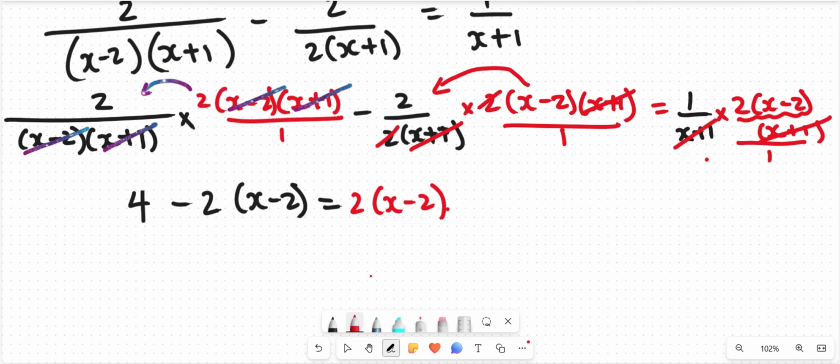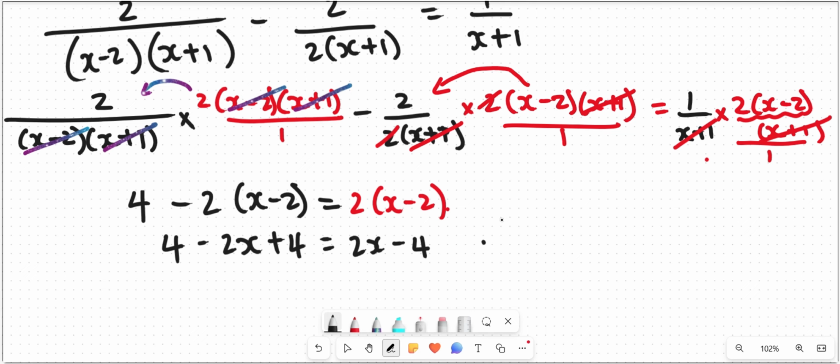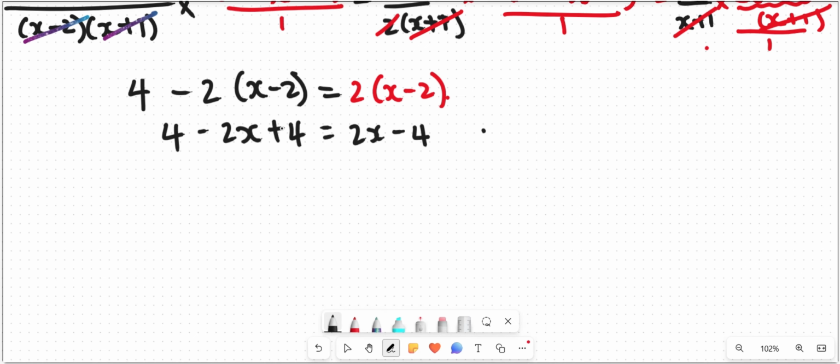Then at this point, we just need to distribute and collect our like terms. So again, I implore you to try this out yourself, and then you can always mark by fast forwarding the video. Then collect my like terms, the constants onto the left hand side, the variables onto the right hand side.